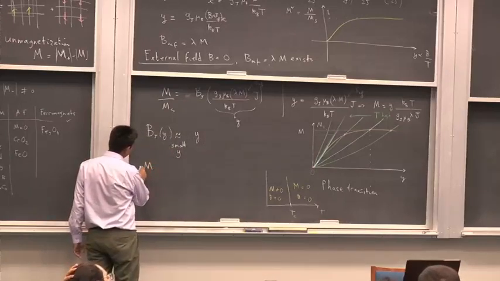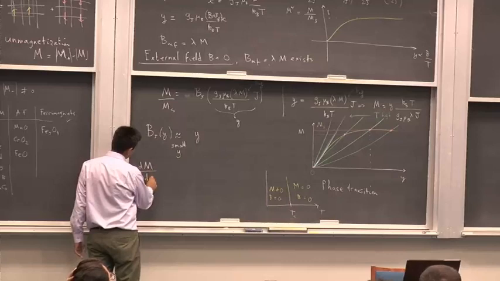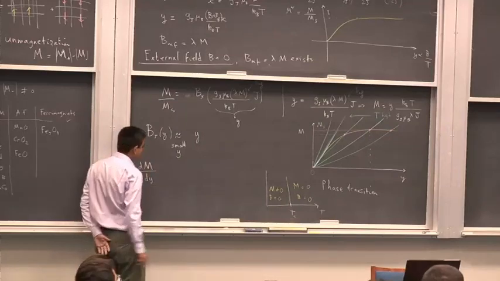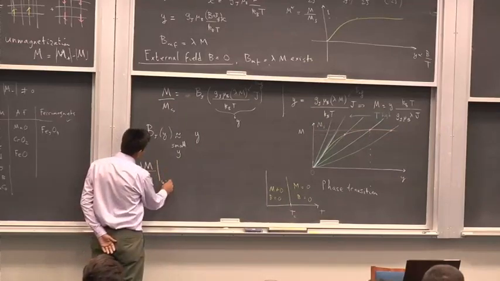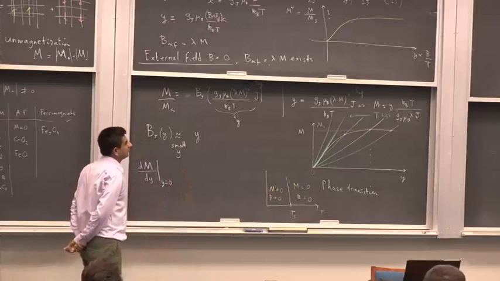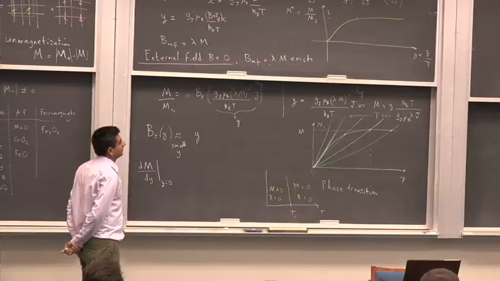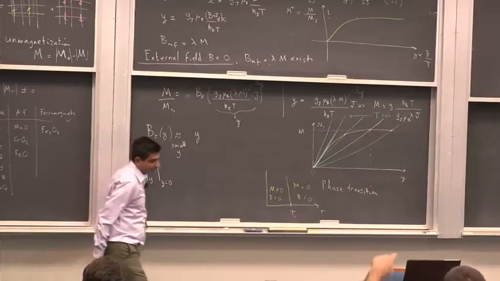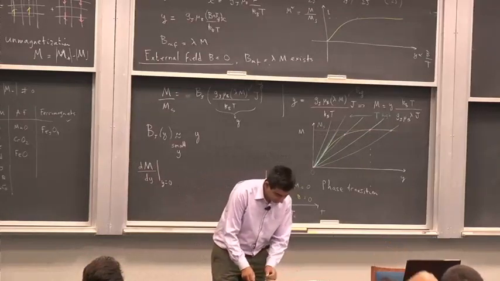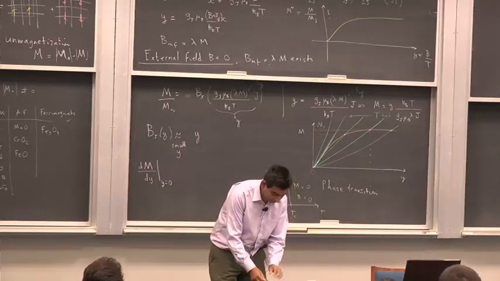So I need to find dm by dy at y equals 0.